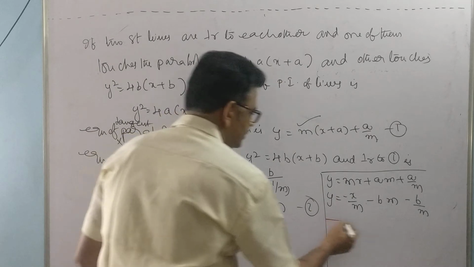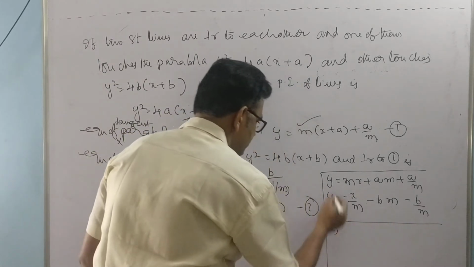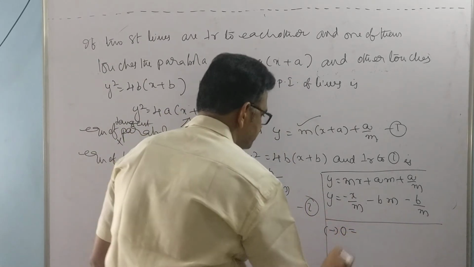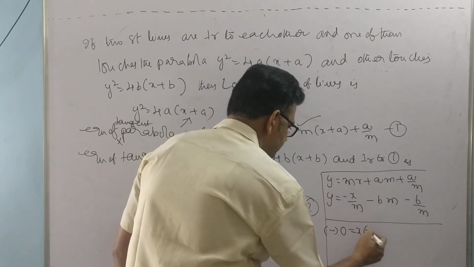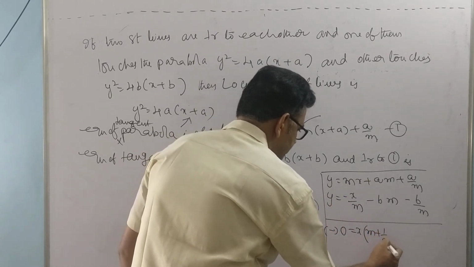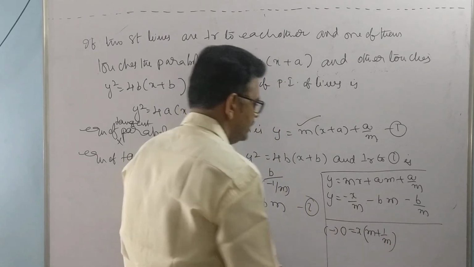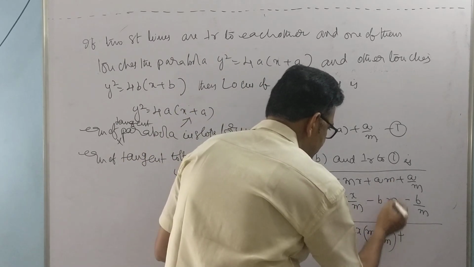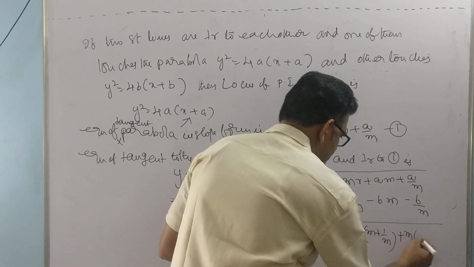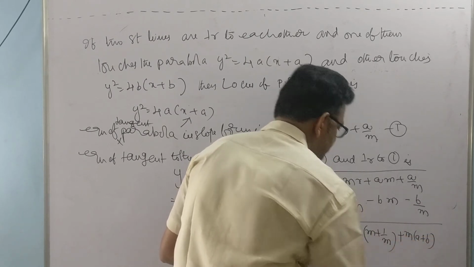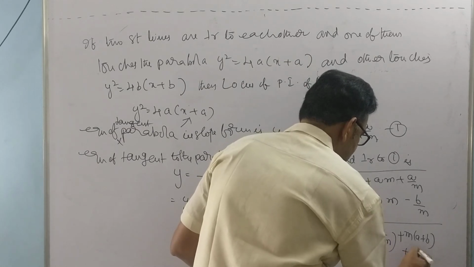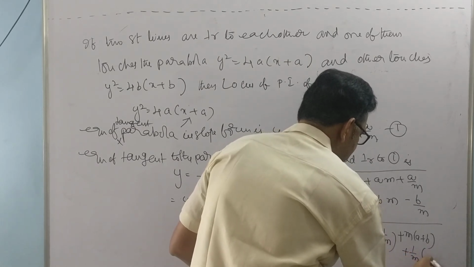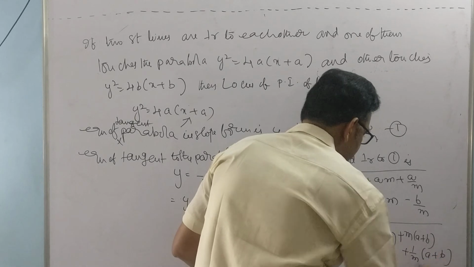Now by subtracting these two, y minus y, this is 0, equal to, here x is taken common, so this is m plus 1 by m, next m is taken common, a plus b, and 1 by m is taken common, a plus b.